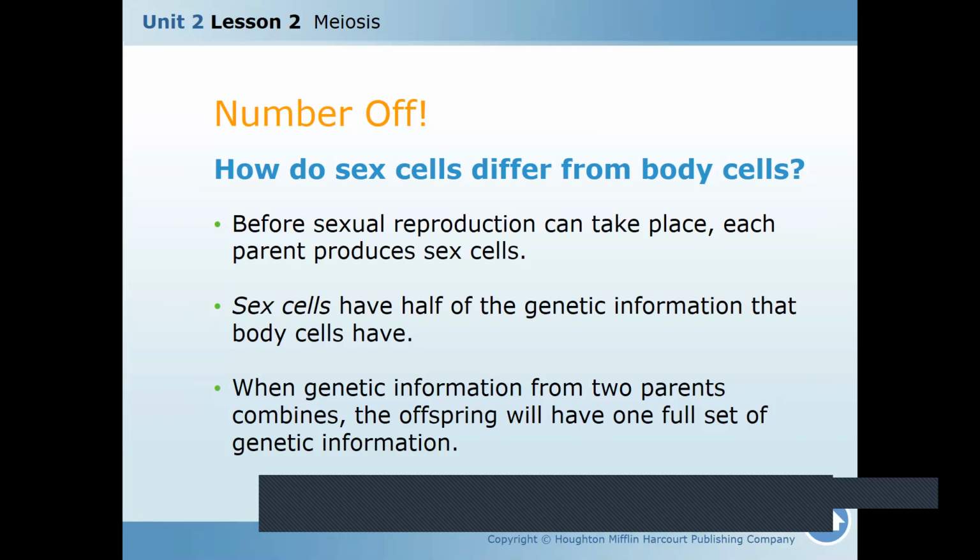They take a half set of chromosomes from the male and a half set of chromosomes from the female. So that's why sex cells have a half set of chromosomes. Male sex cells will have a half set of chromosomes, female sex cells will have a half set of chromosomes. So the difference is that sex cells have half of the genetic information that the body cell has. Clear?